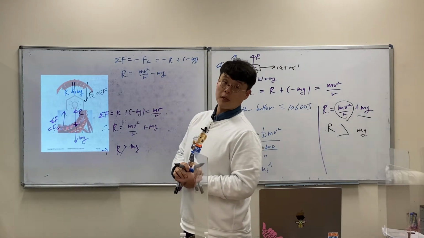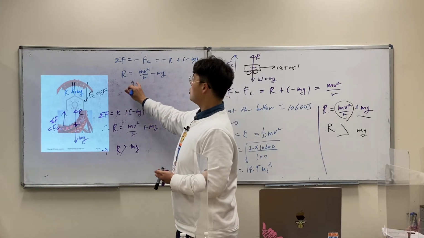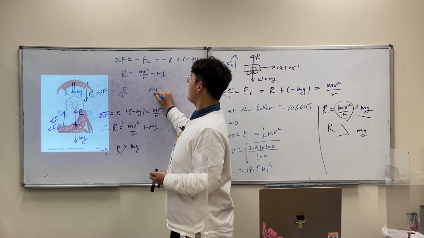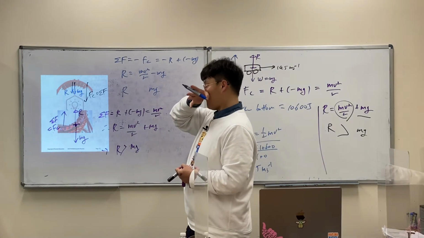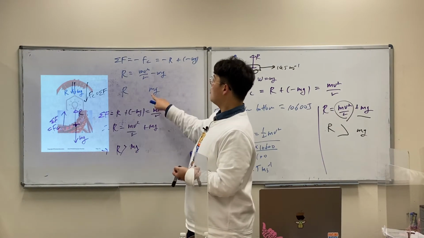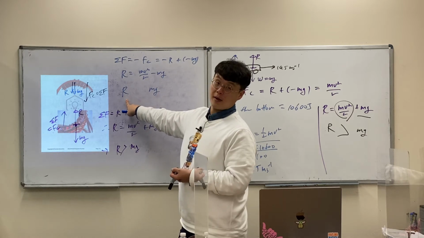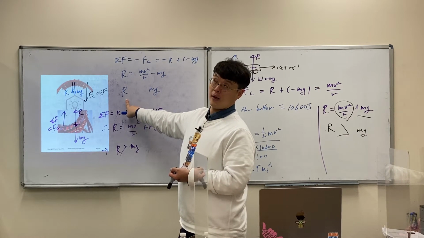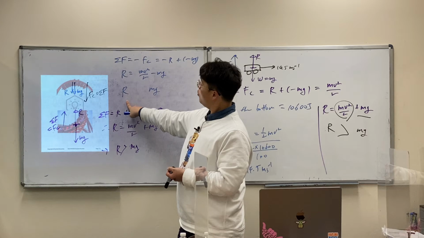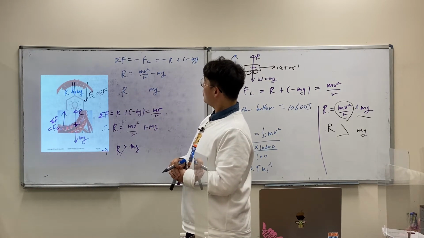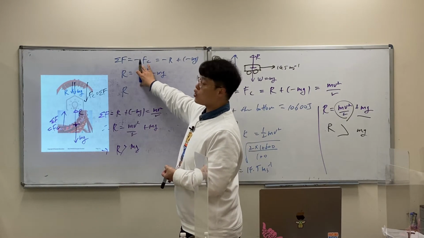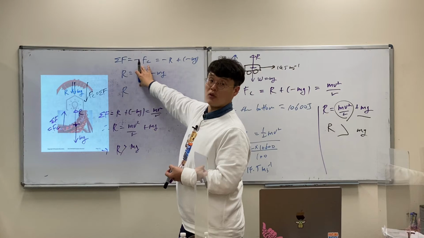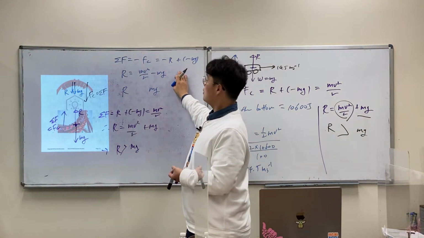Do you guys get the point here? Okay, Dongyul, what can you tell me about R and mg, which will be bigger? Do you think mg will be bigger or R will be bigger? If mv squared is huge, then R will be bigger.